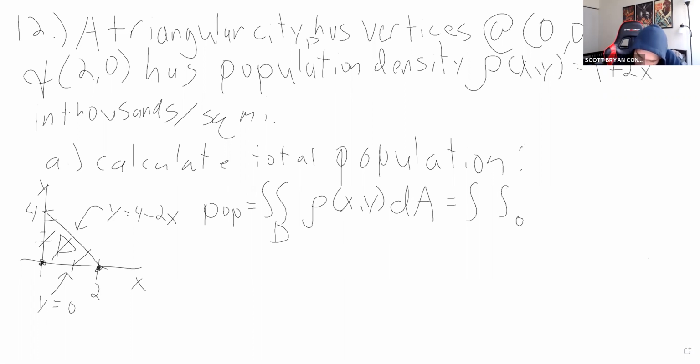So y goes from 0 to 4 minus 2x. And x goes from what to what? From 0 to 2, right?